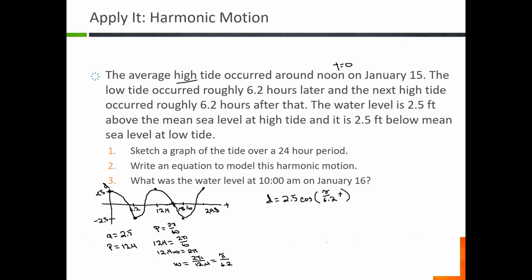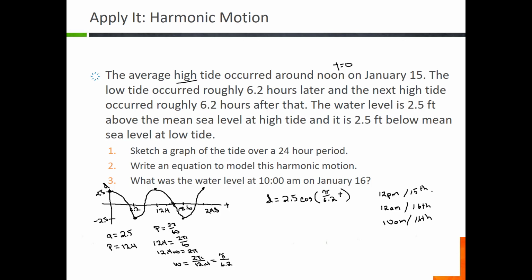So the last part is we want to figure out what was the water level at 10 a.m. on the 16th. So we've got to figure out the time here. So if we're going from noon, from 12 p.m. on the 15th, to midnight on the 16th, and then from midnight to 10 a.m. on the 16th.